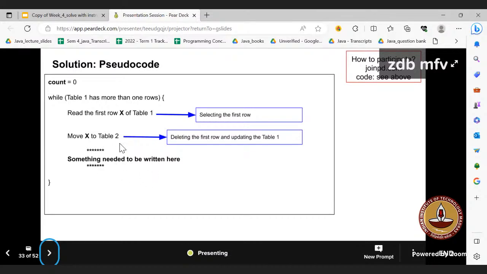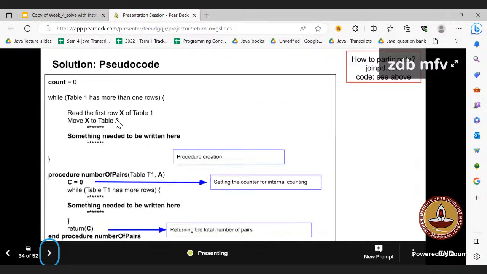Then something you have to do. The remaining table of table 1, what will be the remaining table? That will be all other rows except Ajay, right? Yes, ma'am. So already you have enclosed all the information of Ajay in the first row, X, and the remaining table you can pass to the procedure.